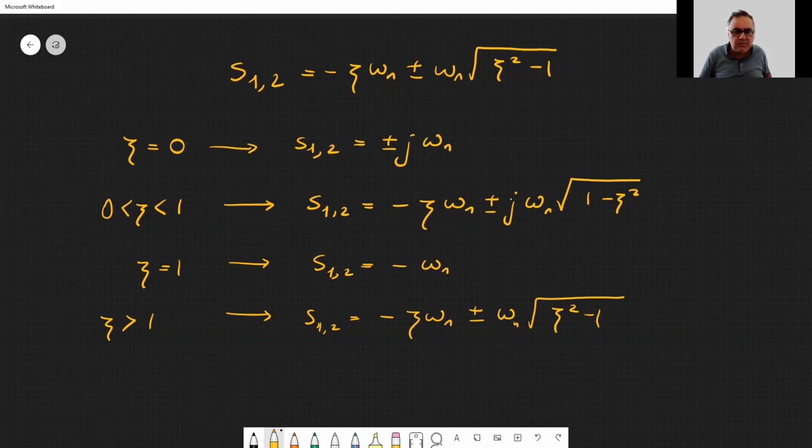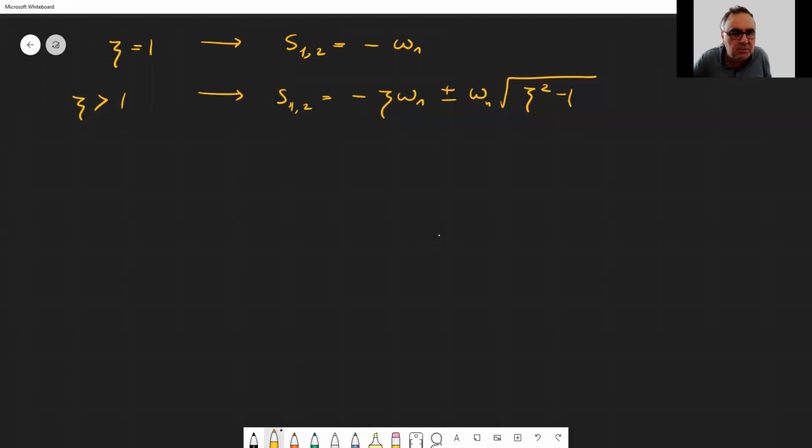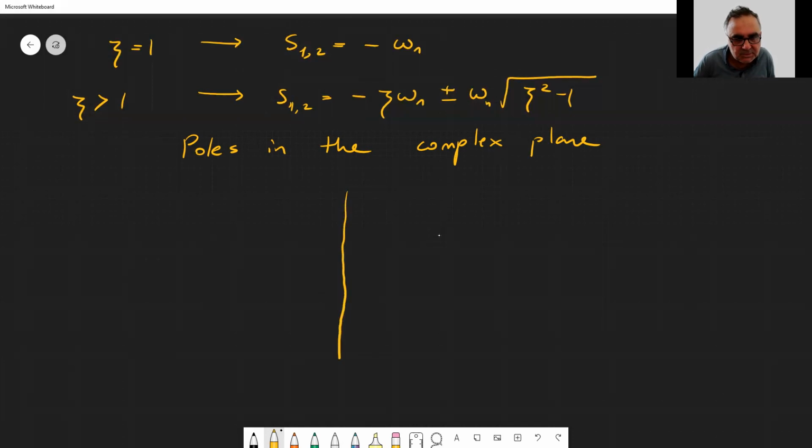So if you want, let me stop just by doing this. Let me plot the poles in the complex plane. This is the real axis, this is the imaginary axis.